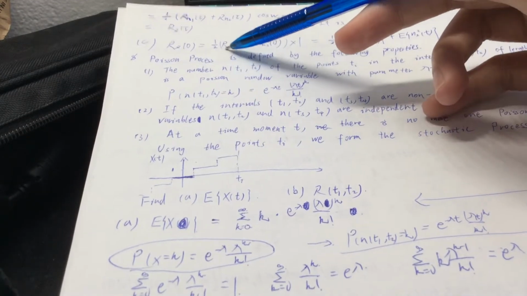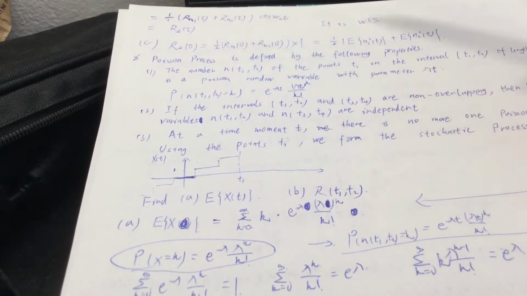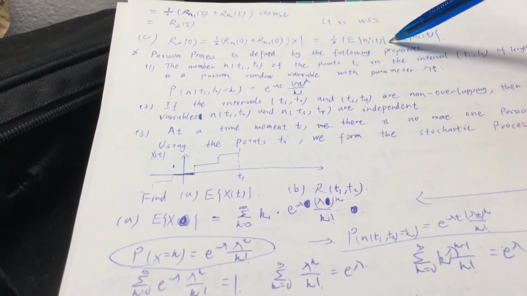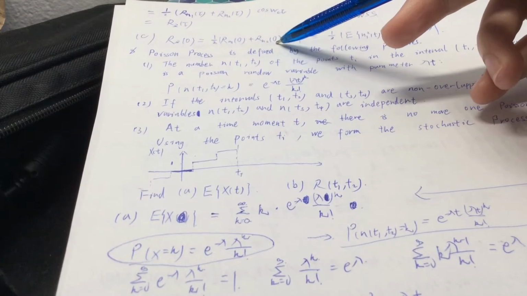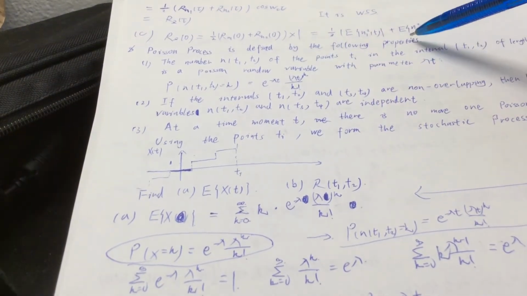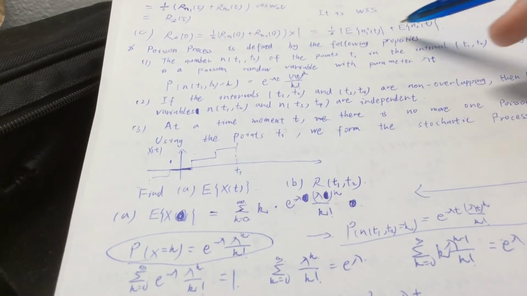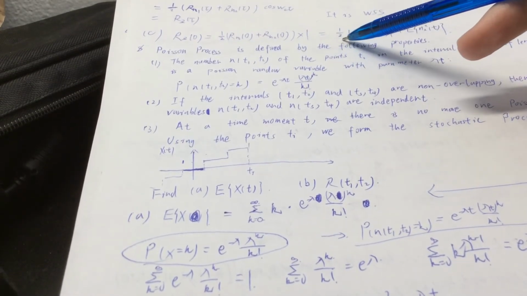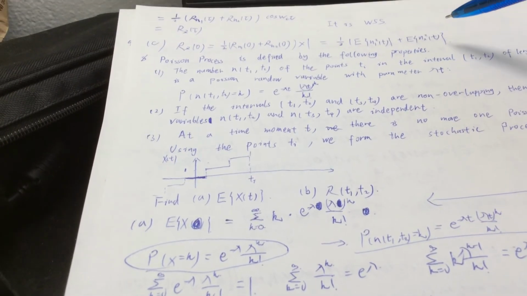We know that the autocorrelation Rn1(0) is equal to the mean of N1 squared(t), and Rn2(0) is equal to the mean of N2 squared(t). So this is the consequence. So that's all.